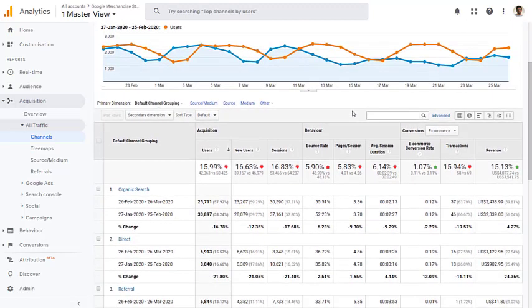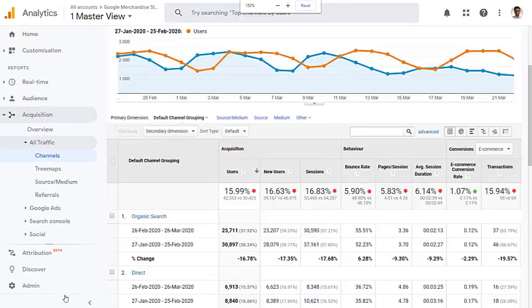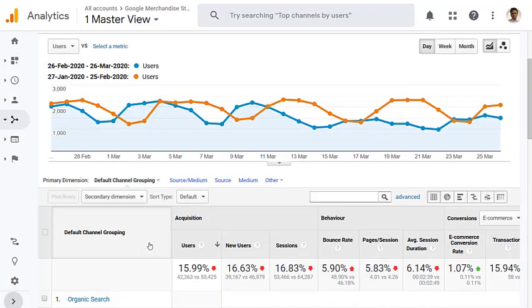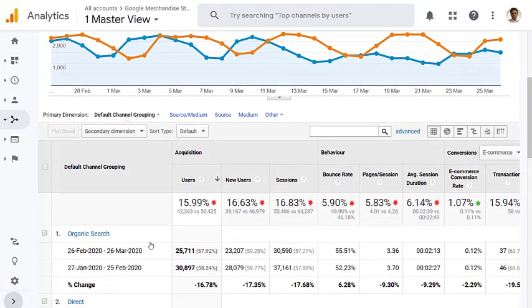Your question was around SEO, so I will look only at the organic search data. Now I see two date ranges, the current and the previous. The current date range is 26 Feb to 26 March. Before that is 27 Jan to 25 Feb. Look at the percentage change here: minus 16.78.